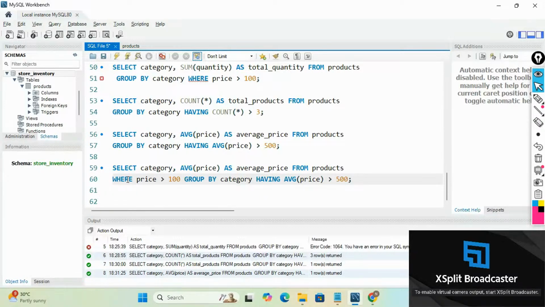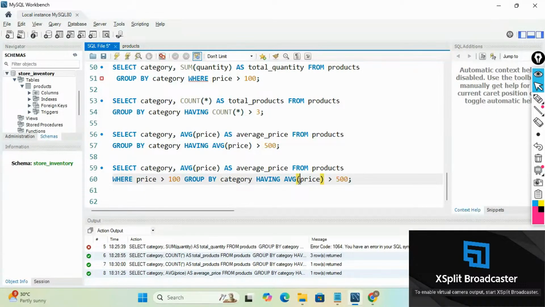So let us understand it. Initially, the where clause executes, I mean this particular part comes into the picture first. So the data gets filtered based on this condition. We know that there is only one product where the price is less than 100. So when this part executes, it filters down to only 9 products, that is 9 records. Then the data will be grouped based on the category column.